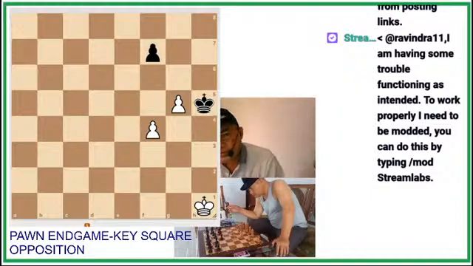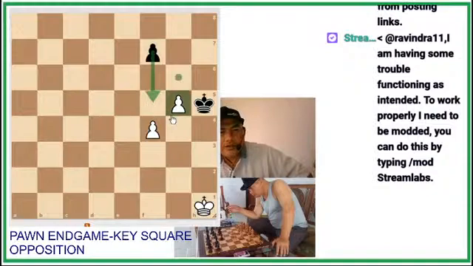This is to draw, as we have learned before, that if the pawn somehow can move farther and farther to here, then the key square will become nearer to the white king.